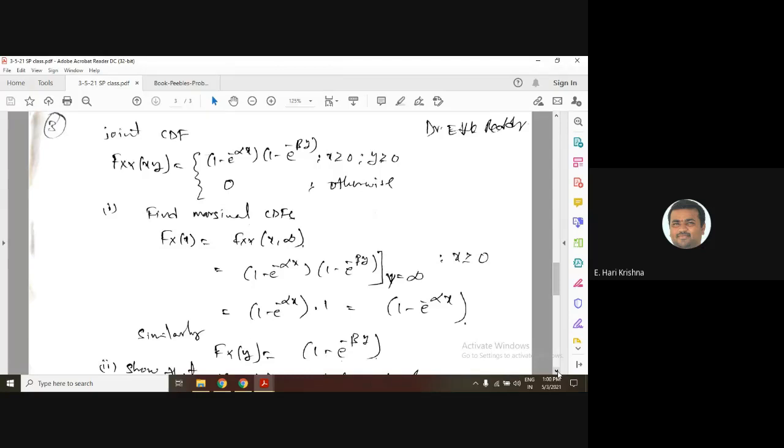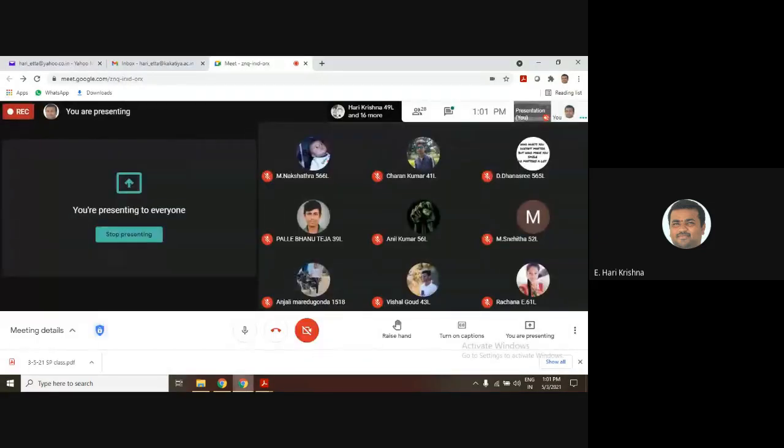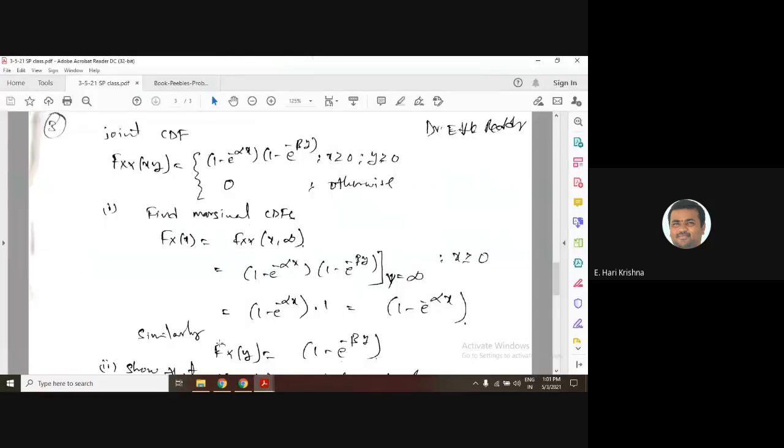Now, in this one, the joint CDF: capital F of x, y is equal to (1 minus e power minus alpha x) multiplied by (1 minus e power minus beta y), for x greater than or equal to 0 and y greater than or equal to 0.